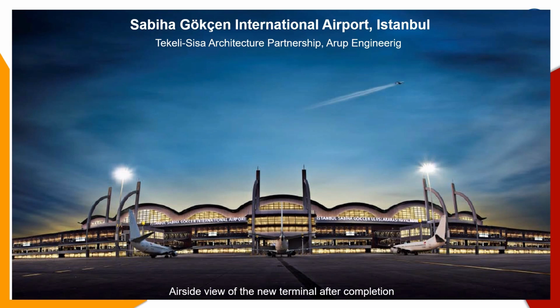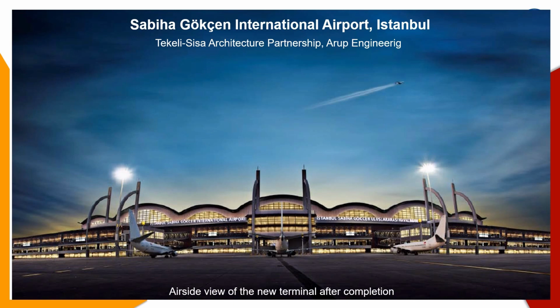Preparation for earthquakes was a vital part of the building design, which includes domestic and international terminal buildings, parking structure, hotel, and new VIP terminal. The isolators at Sabiha Gökçen Airport are pendulum bearings.